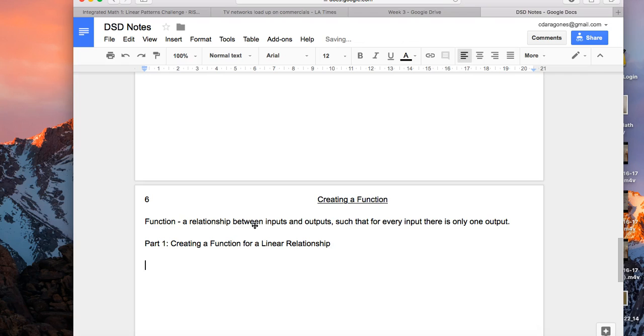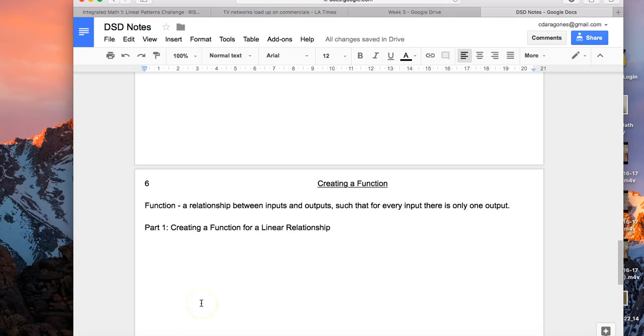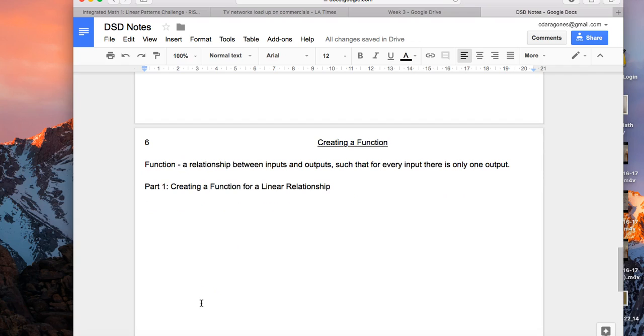So if you have a pretty much linear relationship with your data, the way to create a function is to just kind of guess at first, right? For everything you do, you're going to have a relationship between your input and your output. Your input's going to result in some output.